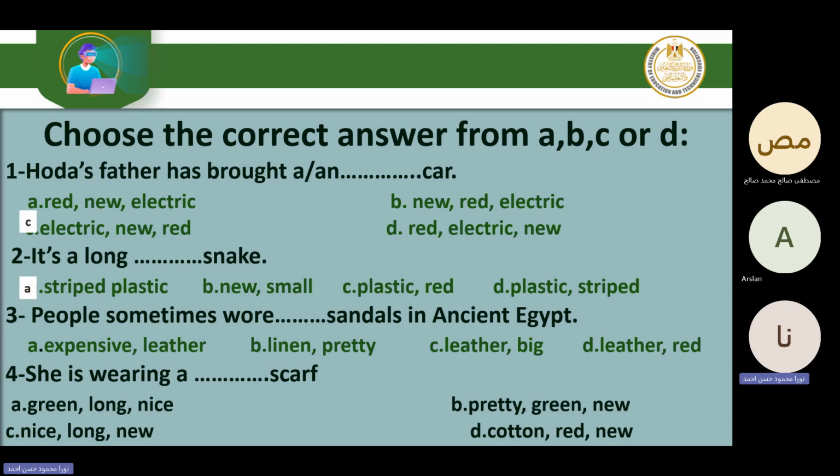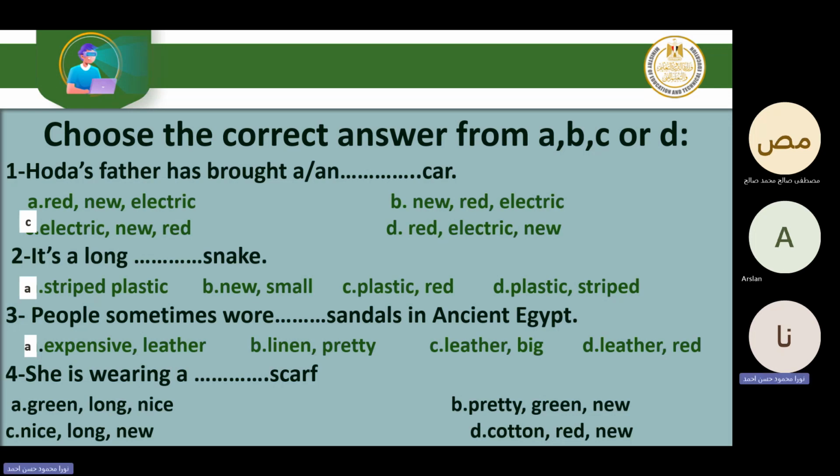What about number three? People sometimes wore sandals in ancient Egypt. What do you think? Yeah, excellent. It's A. People sometimes wore expensive leather sandals. And the last one, she's wearing a scarf.